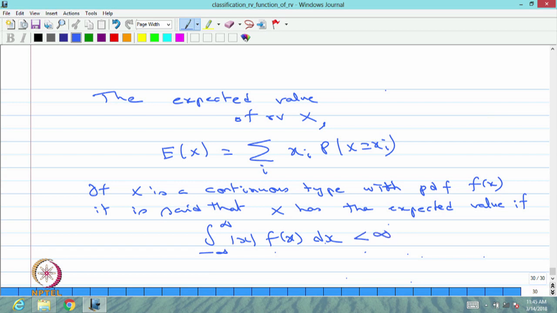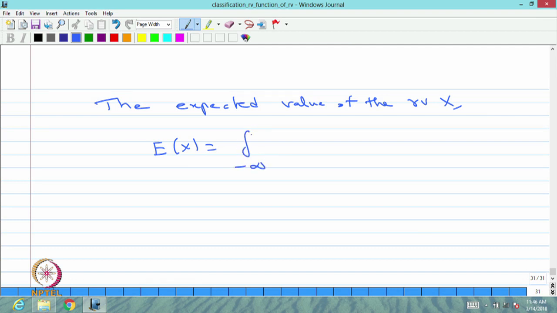In this case, the expected value of the random variable x, denoted by E of x, is the same as integration from minus infinity to infinity x times f of x dx.